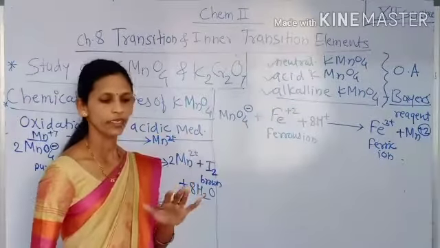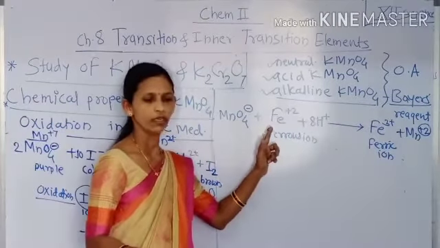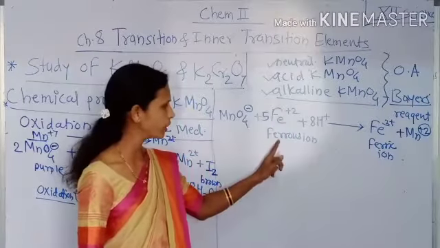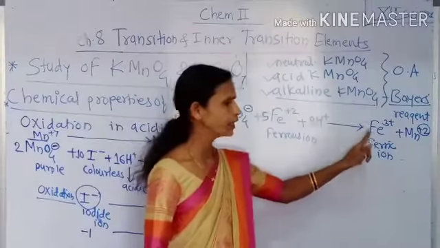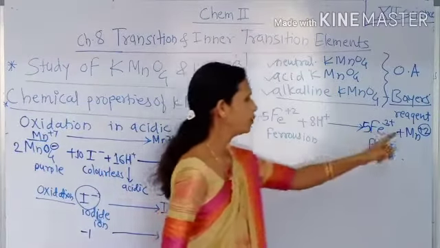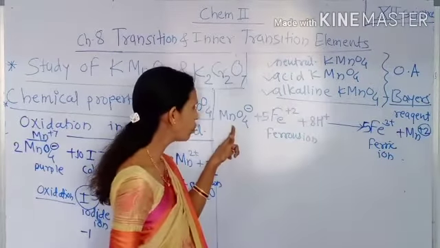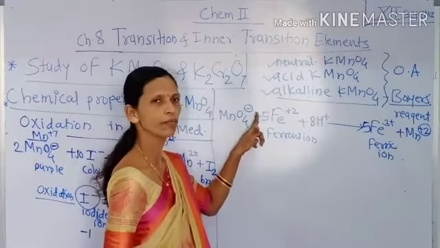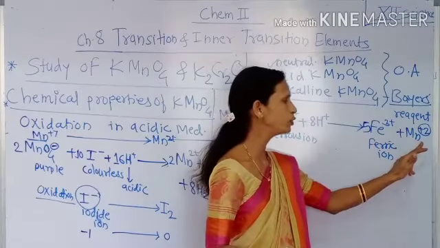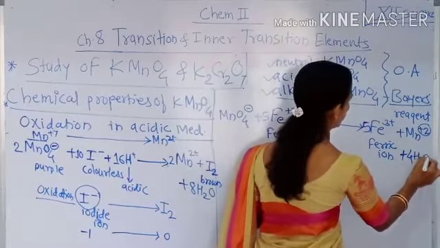Then we have to write the same reaction in balanced form. Therefore, MnO4 minus plus 5 molecules of the Fe2 plus ion, that is the ferrous ion, in acidic medium is converted into the Fe3 plus ion. And here the Mn2 plus ion is obtained due to the reduction of the MnO4 minus ion, that is the permanganate ion, with 4H2O.